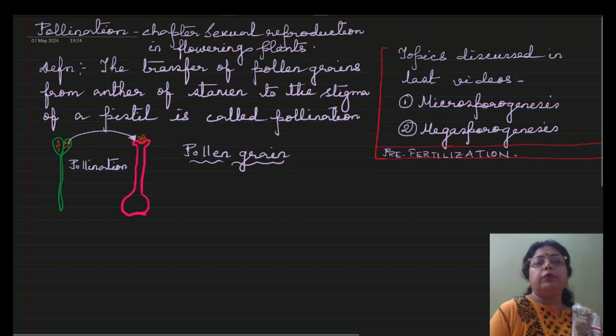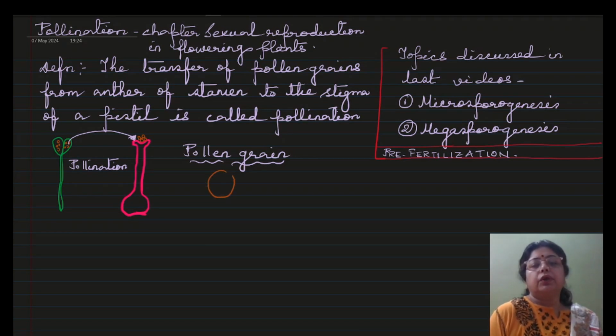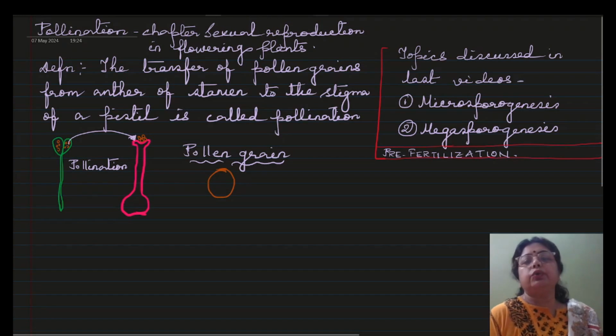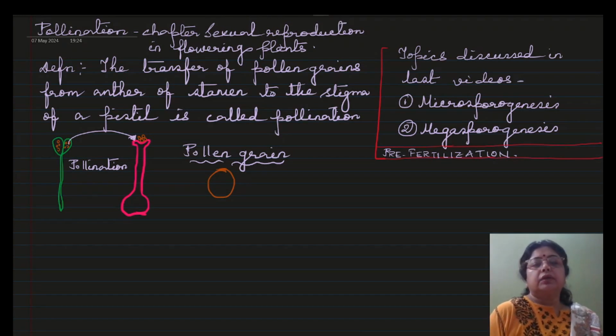If I draw a pollen grain, you can recall that there were two cells: one is the generative cell, another is the vegetative cell.